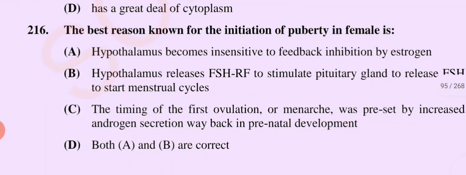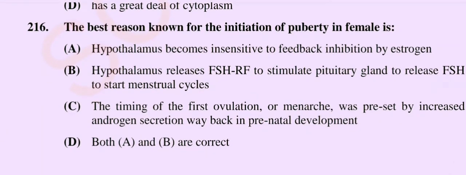Question number 216. The best reason known for the initiation of puberty in females is option A, hypothalamus becomes insensitive to feedback inhibition by estrogen. Option B, hypothalamus releases FSH-RF, follicle stimulating hormone releasing factor, to stimulate pituitary gland to release FSH to start menstrual cycles.